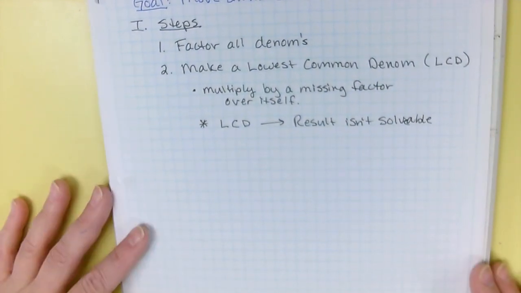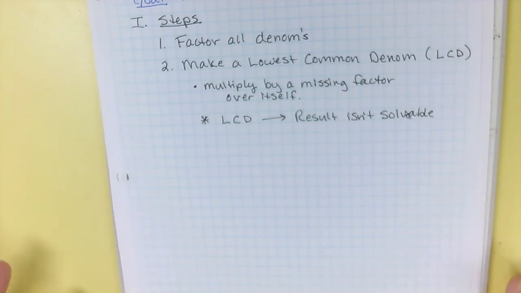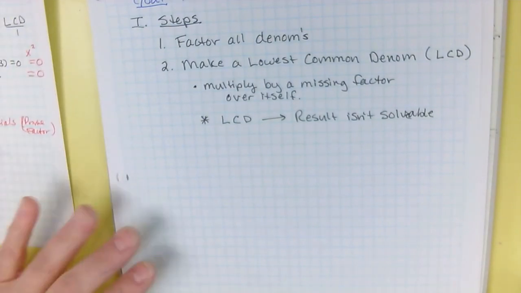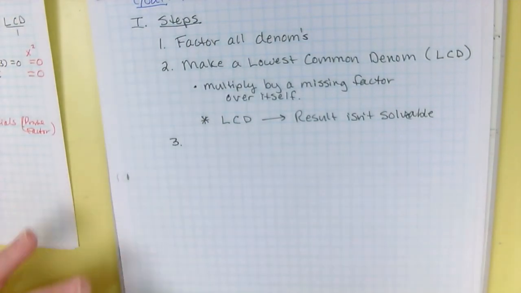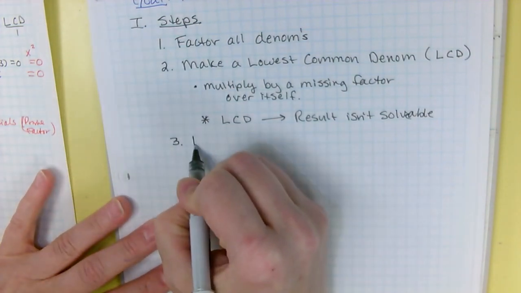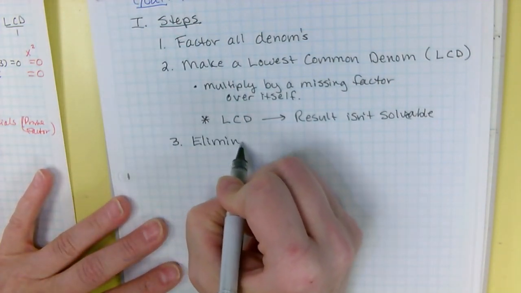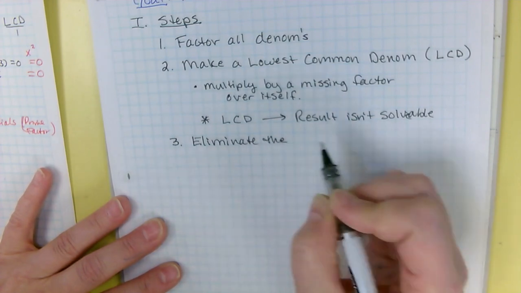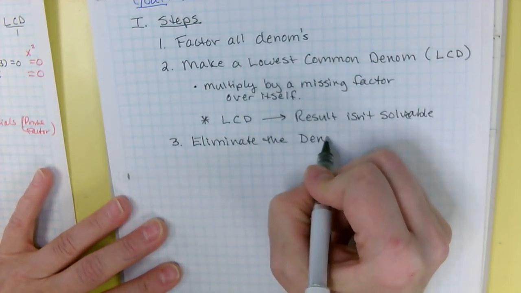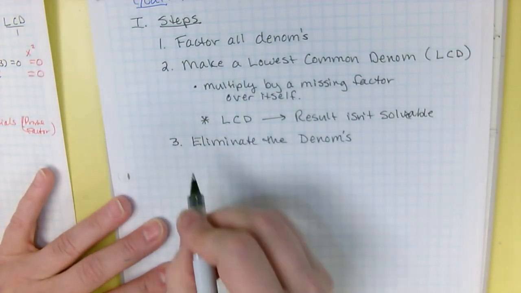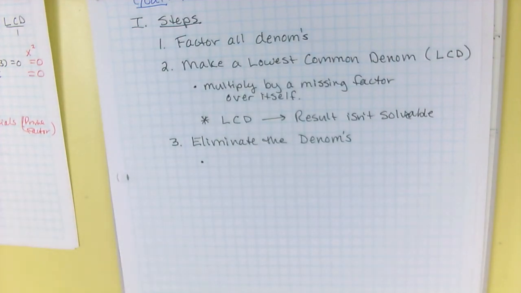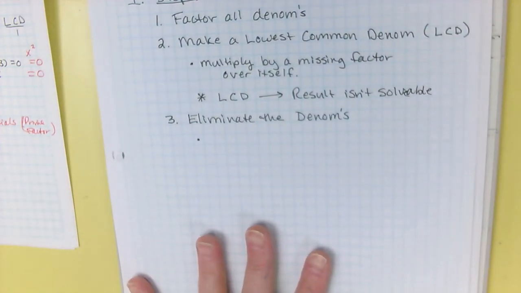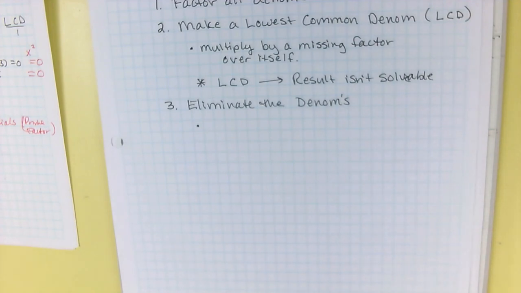Okay, so we factored all the denominators and we got a lowest common denominator. Here's a step that we don't do when we add or subtract fractions. We're going to eliminate the denominators, because we don't want x's in the denominator. We can't solve with them there, so we're going to move them out.